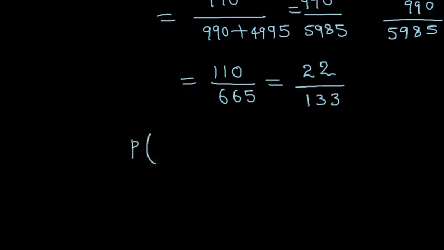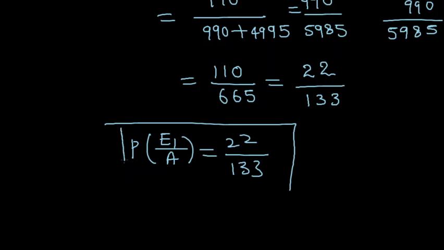So the probability of a diseased person getting a positive result is 22 by 133. Okay, this is the solution.